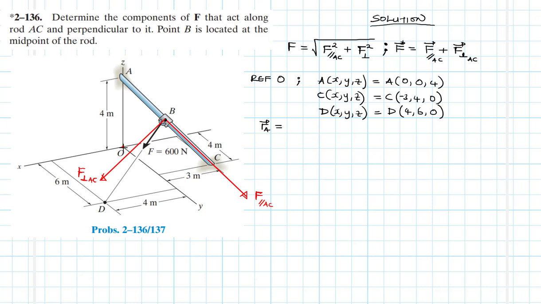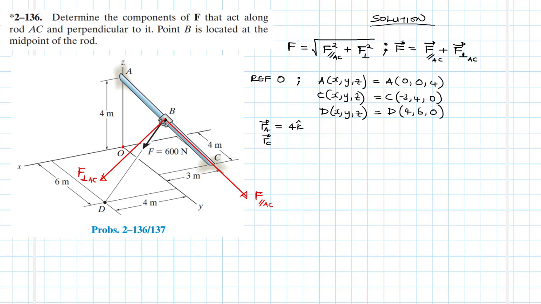Because we're coming from a code, our reference is already 0, 0, which is already in the problem. So RA, therefore, is going to be equal to just 4K, okay? Is that fine?